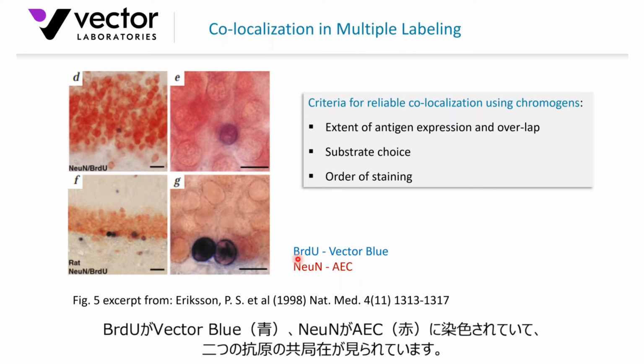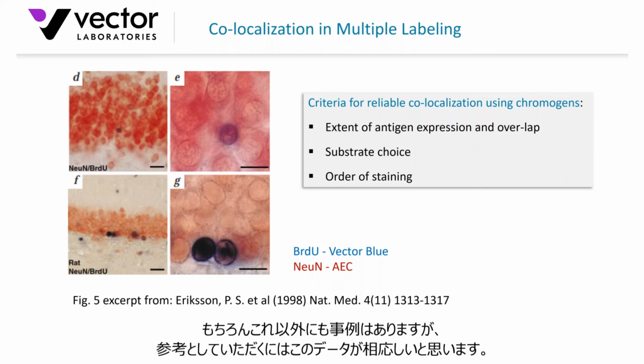One was BrdU, highlighted here with Vector Blue, and also NeuN staining with AEC. They successfully co-localized these two target antigens using this methodology. There are other examples out there, but this is a nice color plate I could show, at least as an educational plate for this webinar.